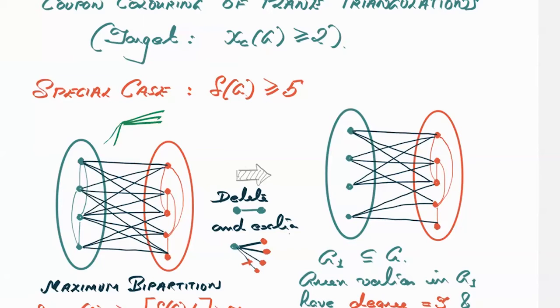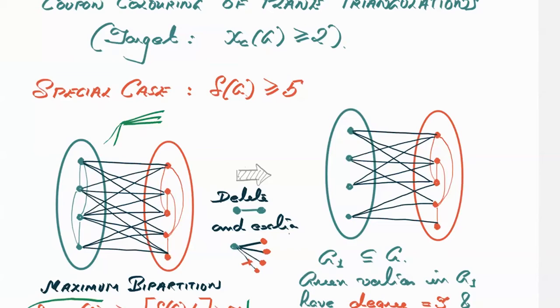The number of edges going to the opposite side is what I denote by delta cross, for crossing. So the minimum crossing degree is at least 3: every vertex will see at least 3 neighbors on the other part. We are going to make use of this observation very crucially.